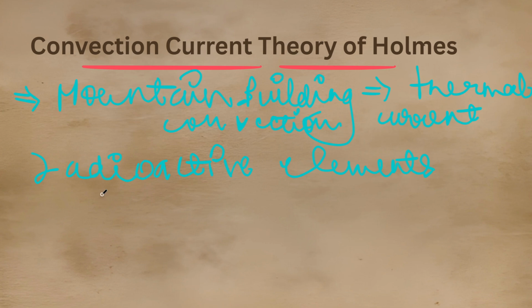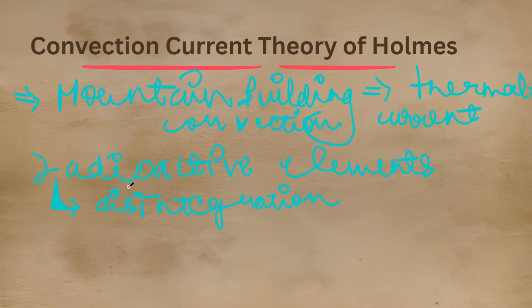The disintegration of these radioactive elements generates huge heat, because of which the rock melts and forms magma, and thus causes the convection current. This is the main thing.